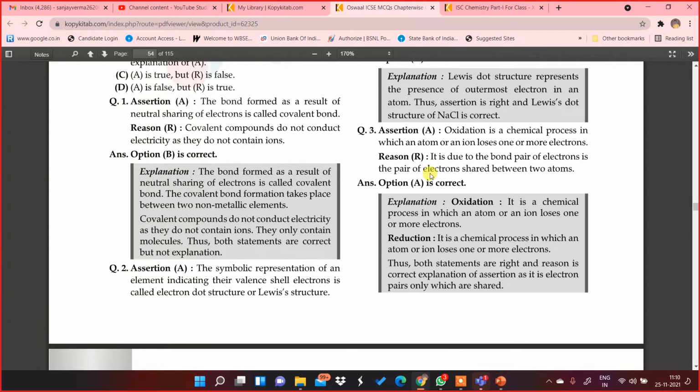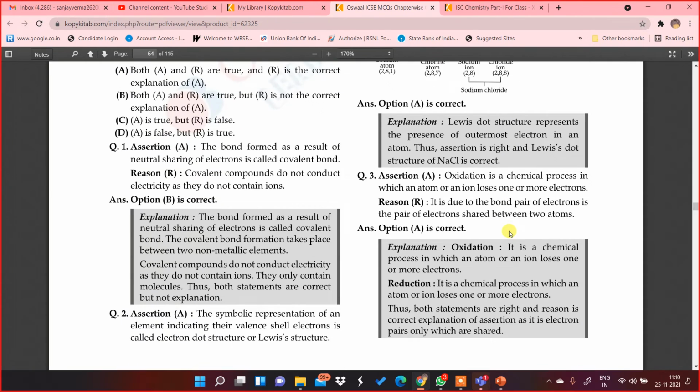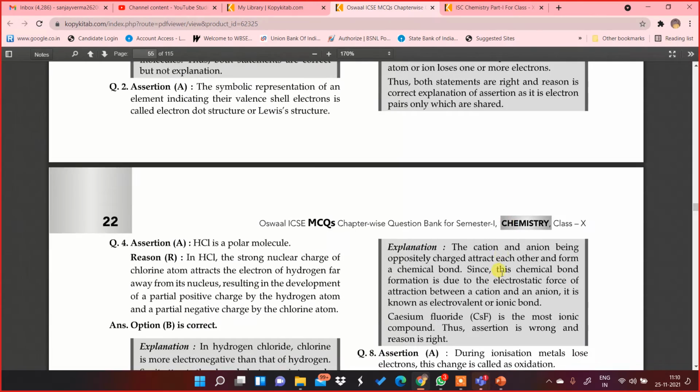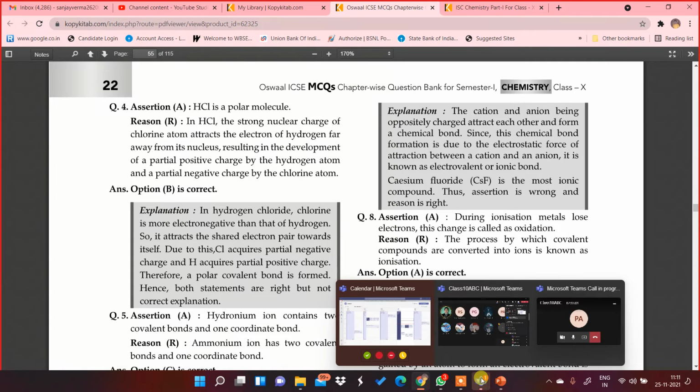But if you look at the reason very carefully, the bond pair of electrons, the pair of electrons shared between two atoms, option A is wrong. This is not the correct answer. A is true, R is true, but R is not the reasoning for it. So it has to be option B. Sorry, for this question it is option B. Now, in the meantime, read question number 4, all of you.